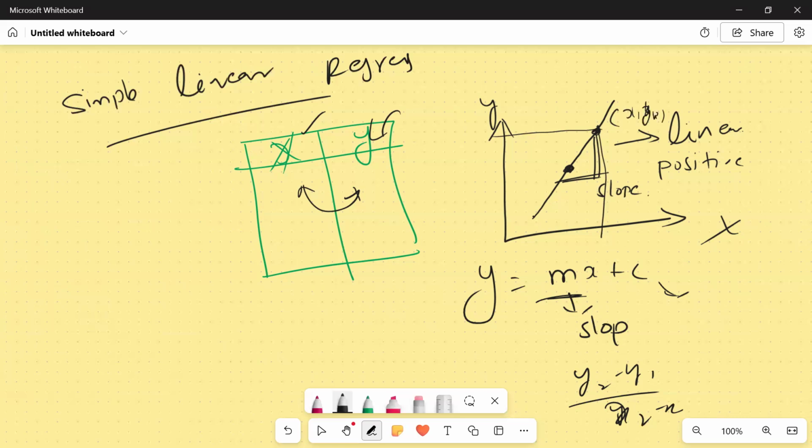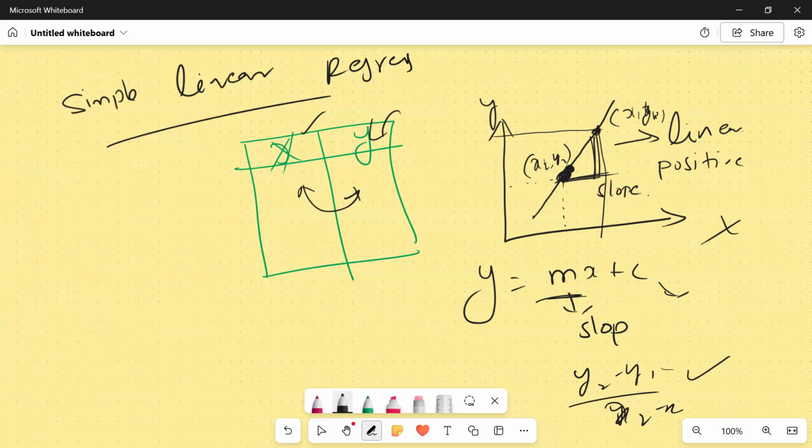If you take one more point on my linear line, this is your x2 and this is your y2. With the help of these points, we can find the slope, or the change in y over the change in x. You can easily calculate it with this formula. This is purely a mathematical formula for calculating the slope.